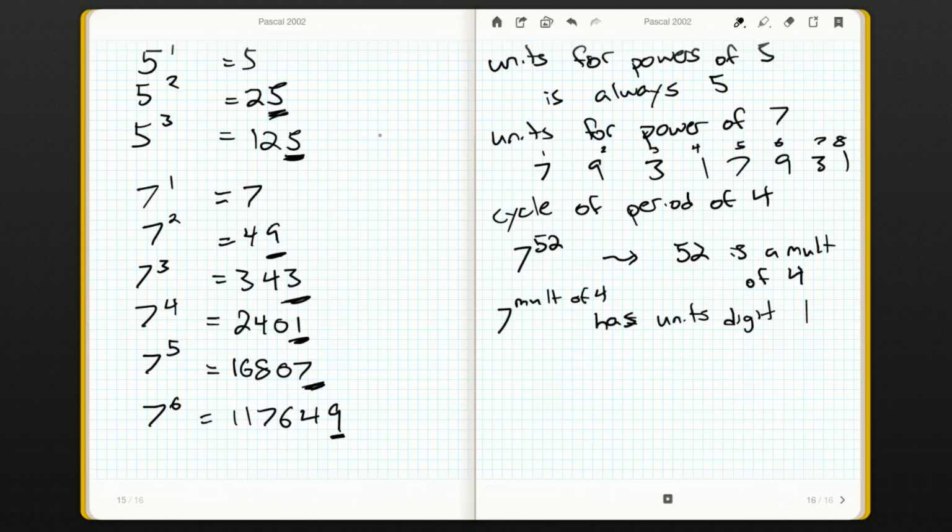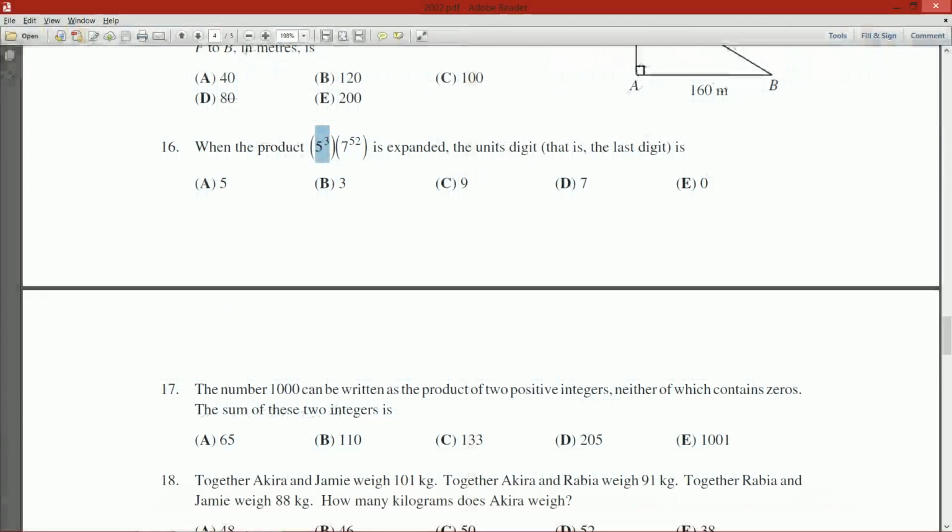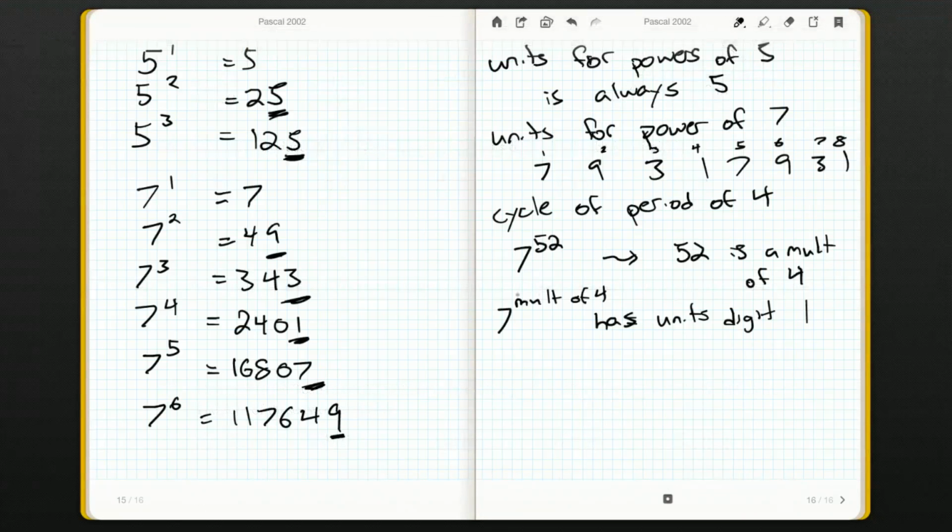I wasn't asked the units digit for these powers. I was asked the units digit for this product. Okay. Well, imagine that we were able to write out the decimal expansion for these numbers. Suppose that 5 to the power of 3, if we could write it out maybe as the form 10a plus b, where b is a units digit, and a is everything else.